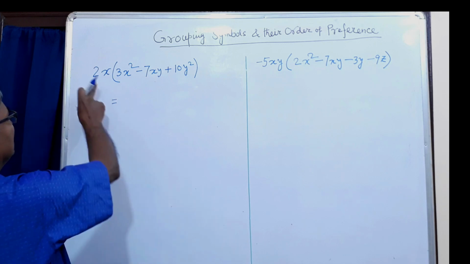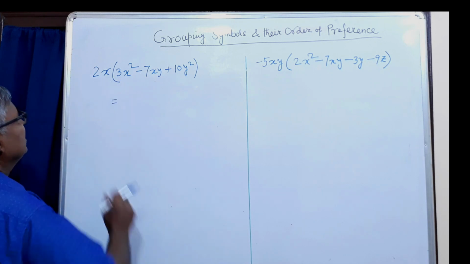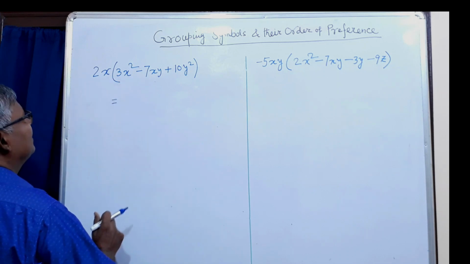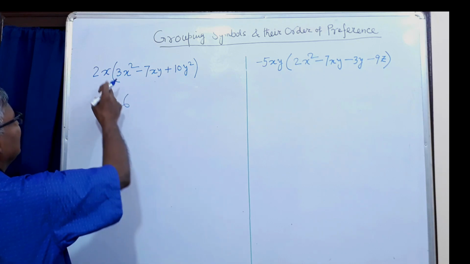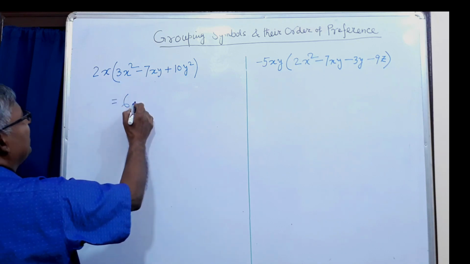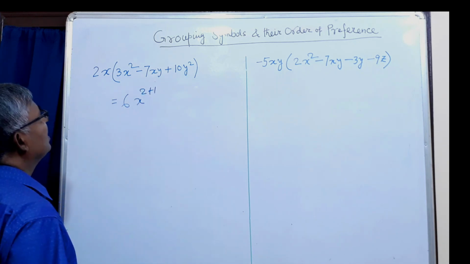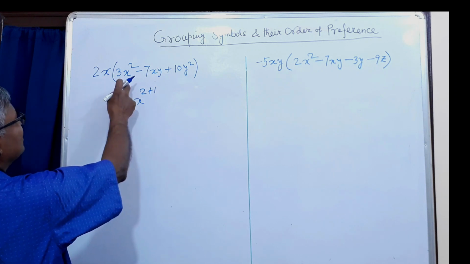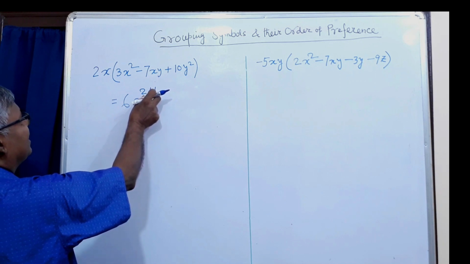see how 2x and 3x square is multiplied. You know the numerical terms are multiplied. It will be 6, and x into x square means x to the power 2 plus 1. That is, like variables, when multiplied, the powers will be added.